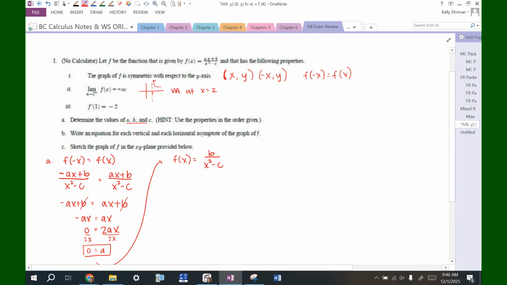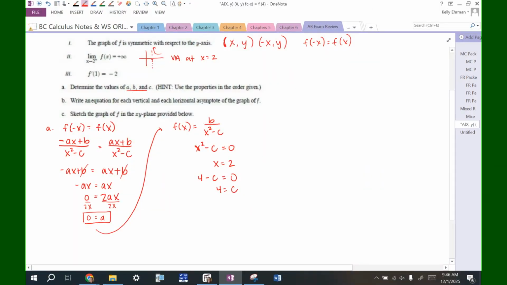So we're trying to solve for what would give me a vertical asymptote. So we need x squared minus c to equal 0. And we need the solution to that to be x equals 2. So I believe if we make c equal to 4, right? 2 squared is 4 minus c equals 0, then c equals 4.